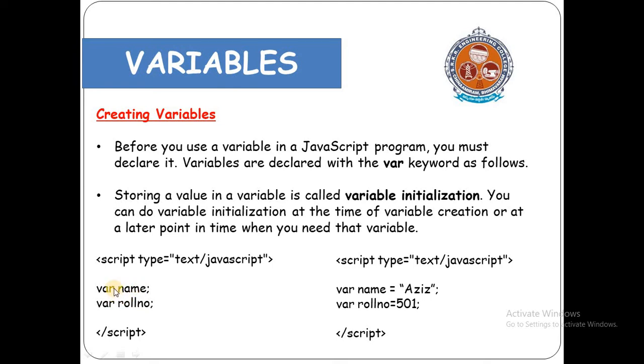As I already told, you must use the reserved word var to create the variable, like var space srchar. In the next one, if you want to assign or initialize values, you can directly write the variable name is equal to some name and roll number is equal to some value. These are the two ways of initializing variables.